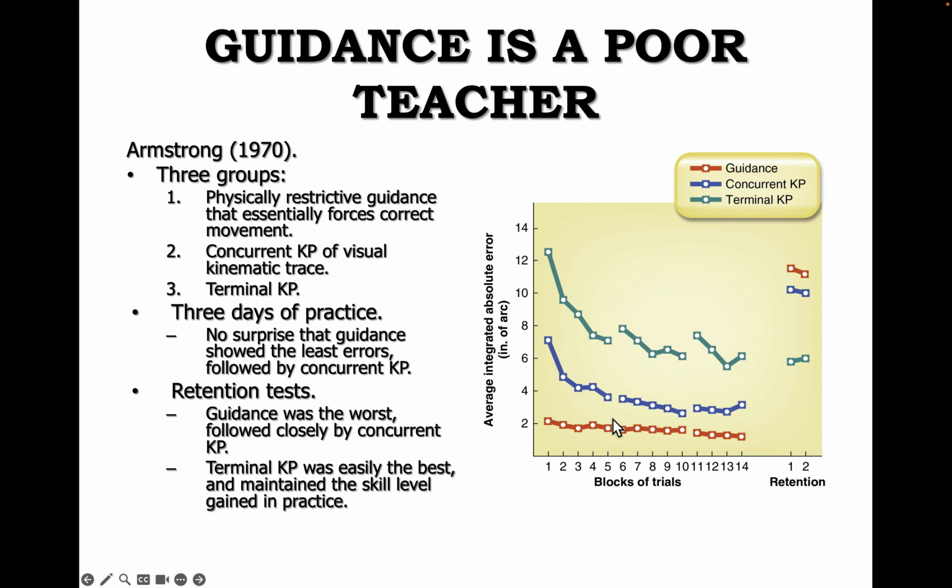Here's an example, a study showing that guidance is a poor teacher. In this particular study by Armstrong, there were 3 groups. One group had physically restrictive guidance, meaning they were forced into correct movements. Another group had concurrent knowledge of performance feedback of a visual kinematic trace, and then there was a group with terminal knowledge of performance feedback given.